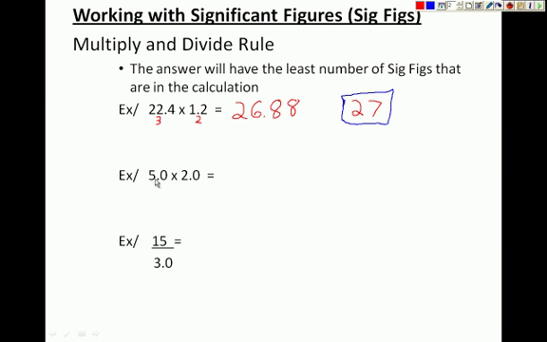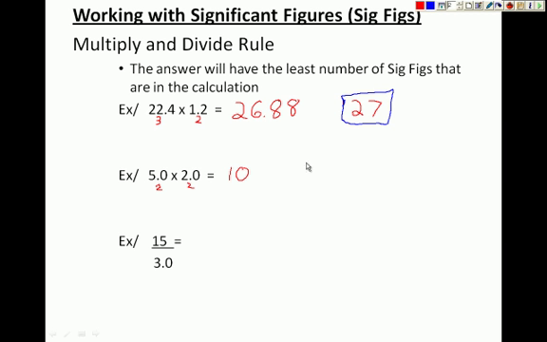So for our next problem, we have again 2 sig figs times 2 sig figs. Okay, so 5.0 times 2.0, well, 5 times 2, as we know, is 10. Now this is 2 sig figs, this is 2 sig figs. Our answer right here is only 1 sig fig. We need to change this 1 sig fig answer into a 2 sig fig answer.